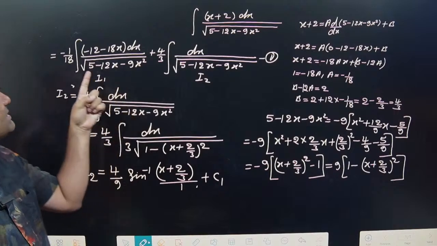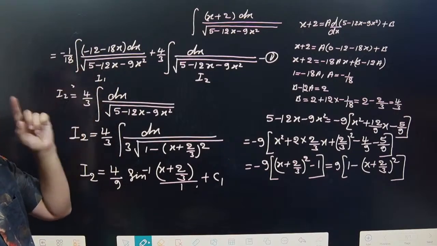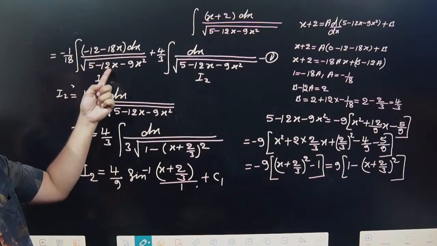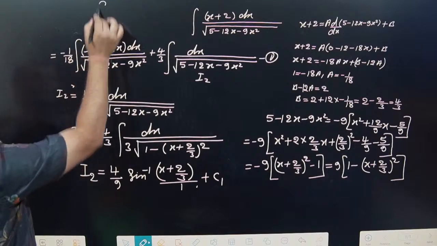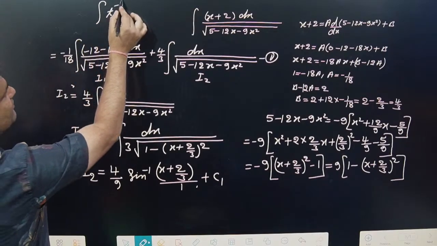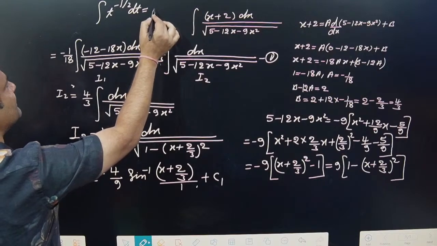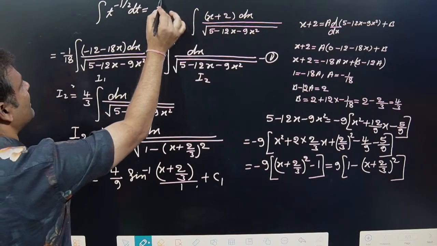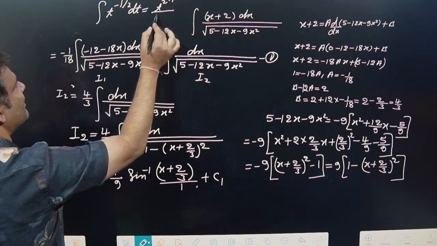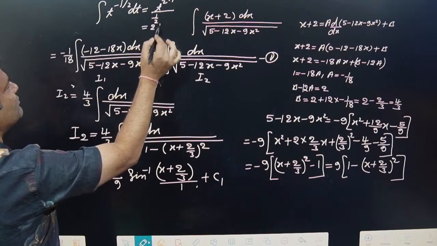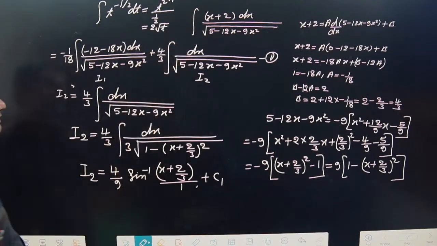Now we focus on the next. How can we solve this one? Simply here dt divided by square root of t, basically t to the power minus half dt, which is written as t to the power minus half plus 1 divided by half. So we get 2 into root t. Look here very carefully.